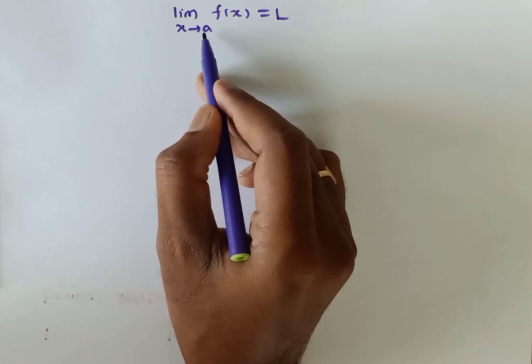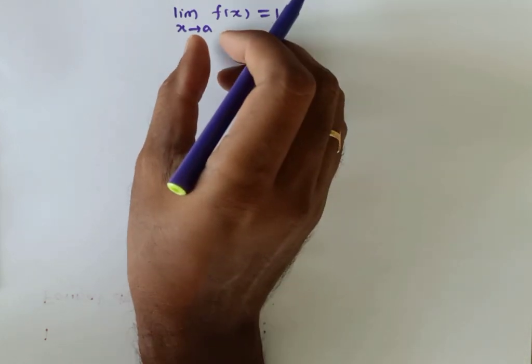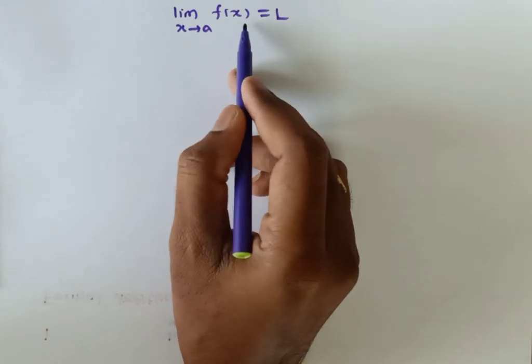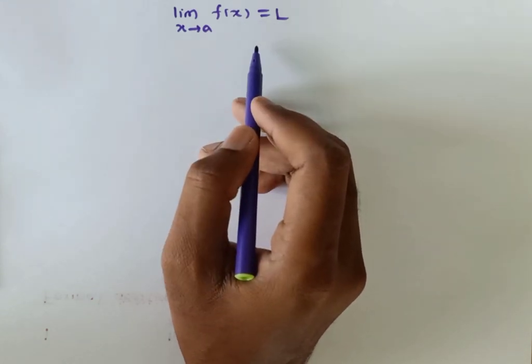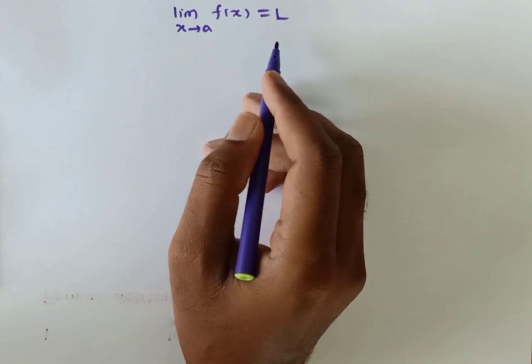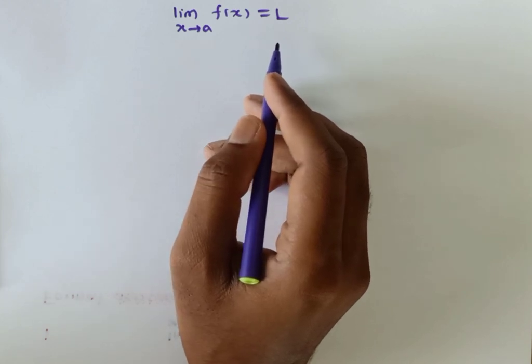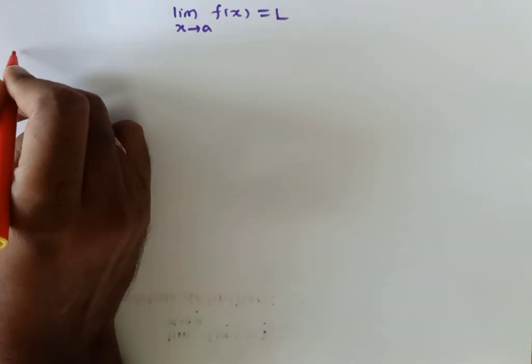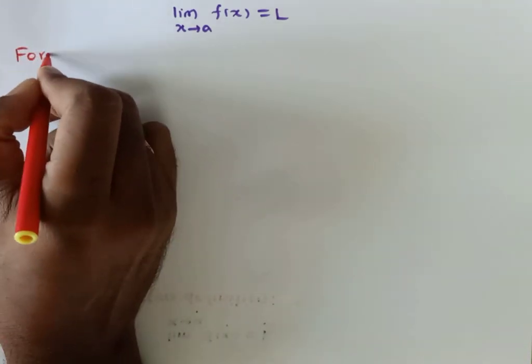Here the meaning is that if x is nearby a, in the neighborhood of a, then f of x is in the neighborhood of L. With the same concept we need to define this formally. So, the formal definition of the limit.